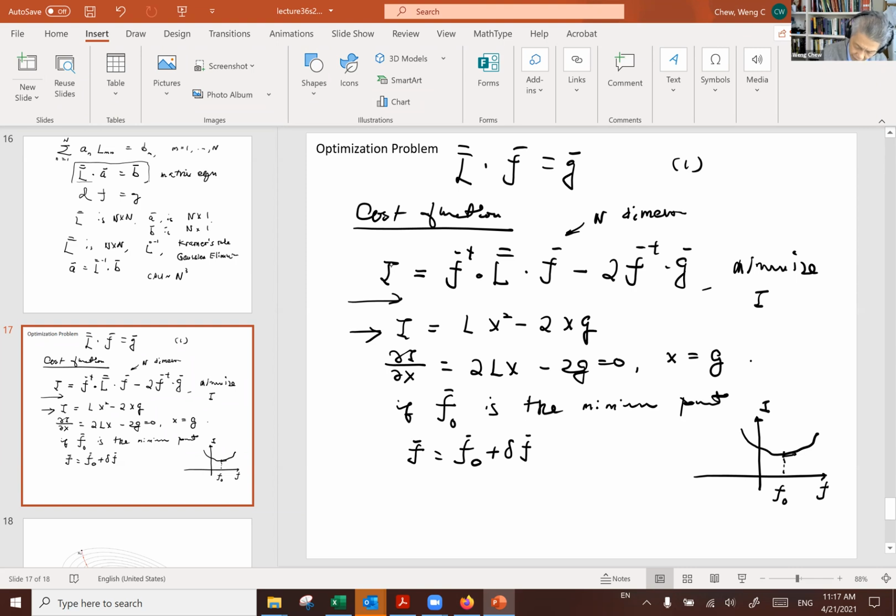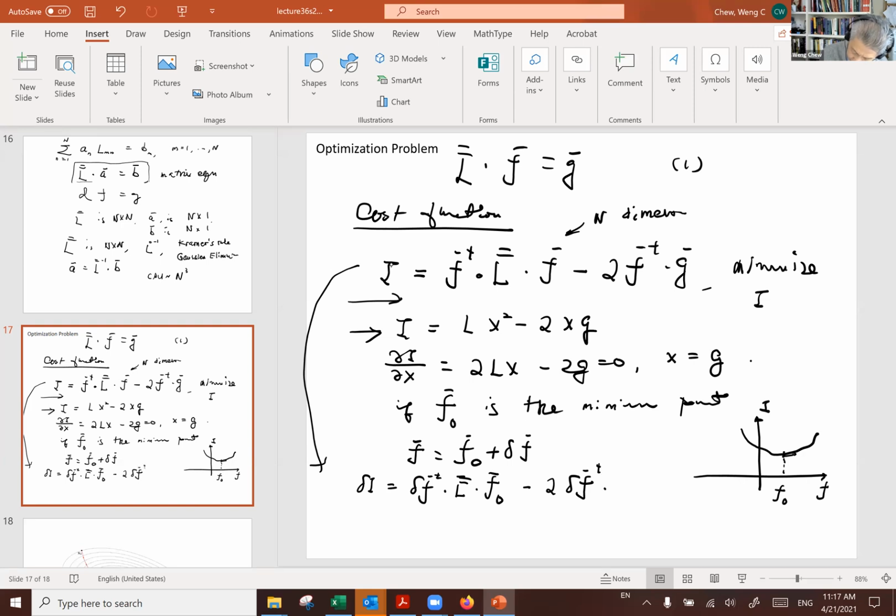So if I now plug it into here, I can take the first variation of this equation, and it will be delta f transpose dot L dot f of 0. And I hope you know how to take first variation for multi-dimensional variables. Okay, there should be two terms that come out from the first term. The other term is f0 transpose dot L dot delta f.